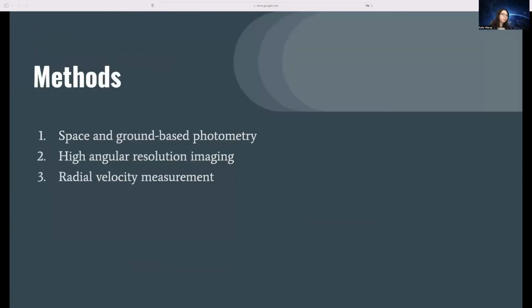In the discovery of the TOI-2136 system, three main methods were employed. They are the space and ground-based photometry, high angular resolution imaging, and also the radial velocity measurement.